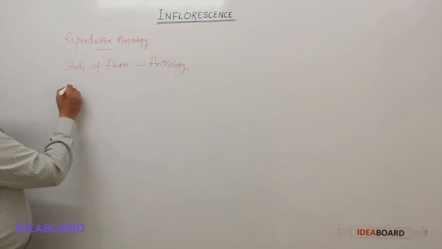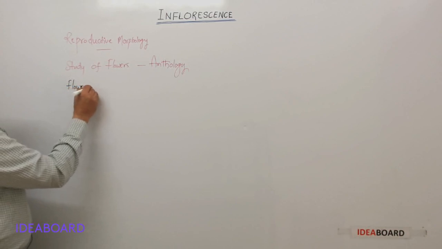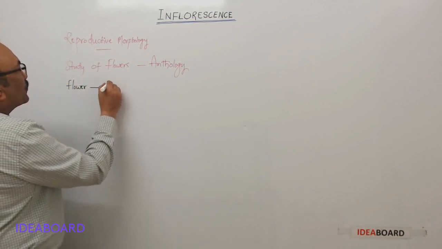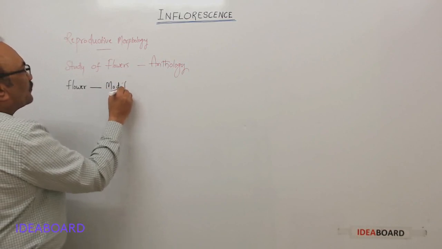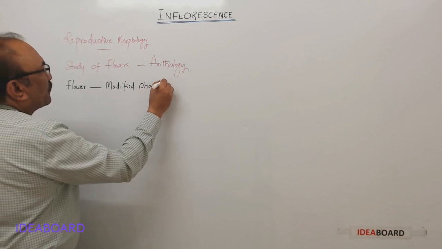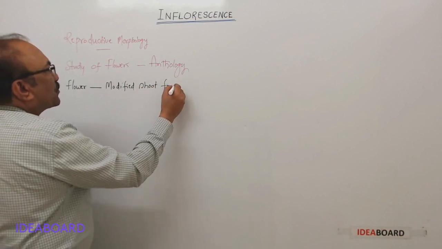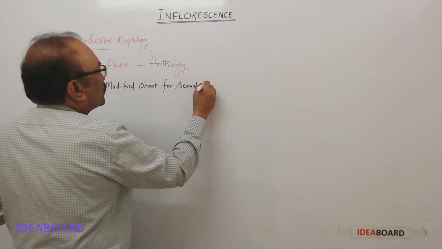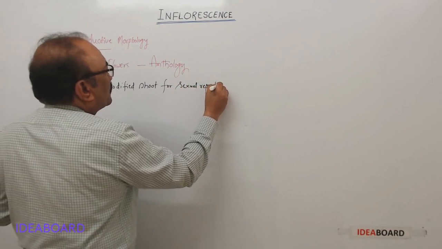So what is a flower actually? A flower is a modified shoot for sexual reproduction.